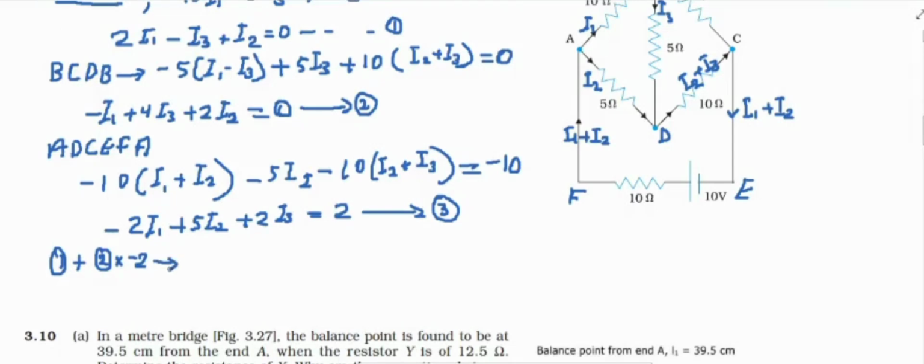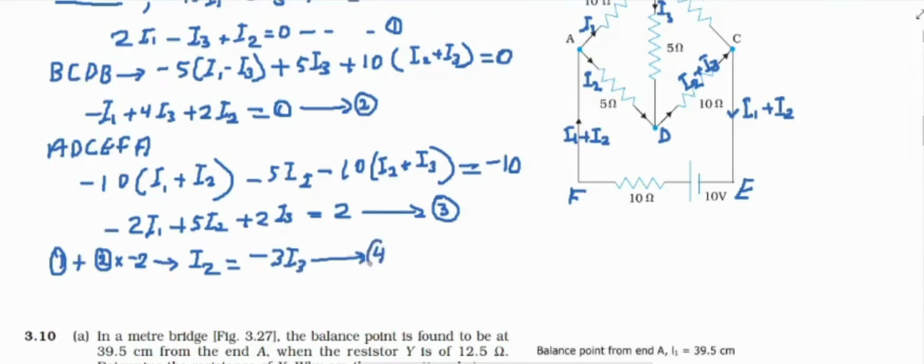Then you will get I2 is equal to minus 3 I3.